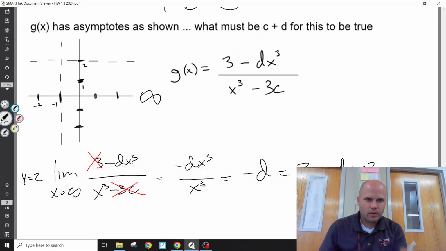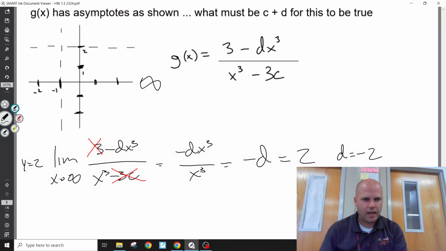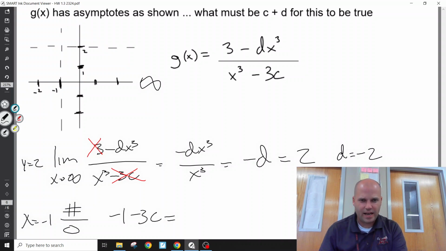What's the other thing? Vertical asymptote at x equals negative 1. If I plug in x equals negative 1, I'm going to get a number divided by 0. Well, if I plug in x equals negative 1, the denominator is negative 1 minus 3c. That has to equal 0. Add 1 and divide by 3, I get c equals negative 1/3.